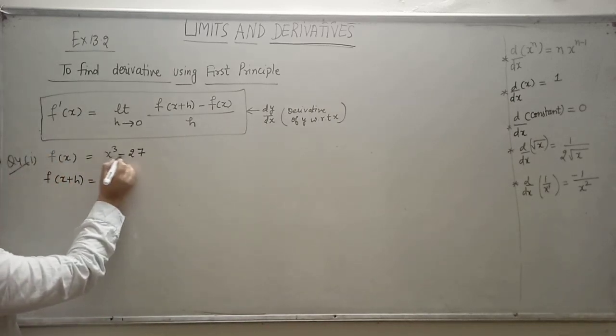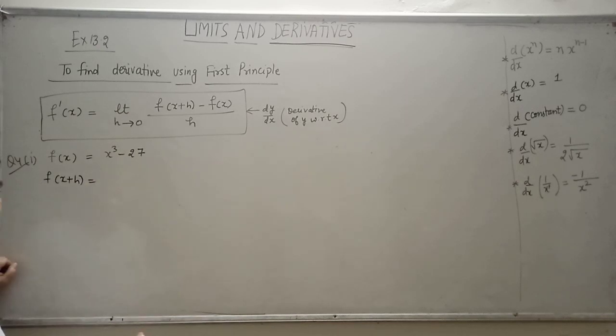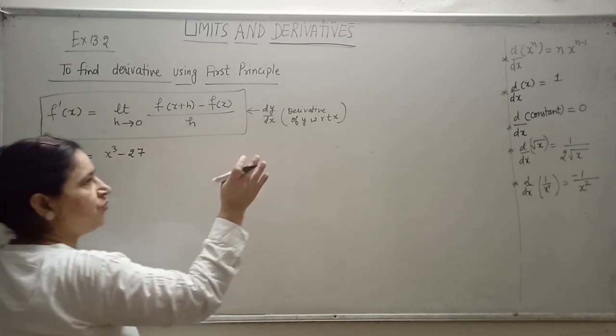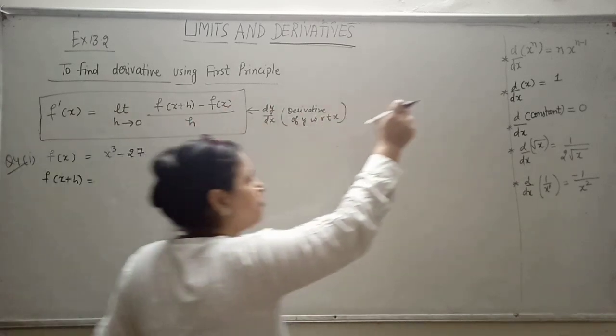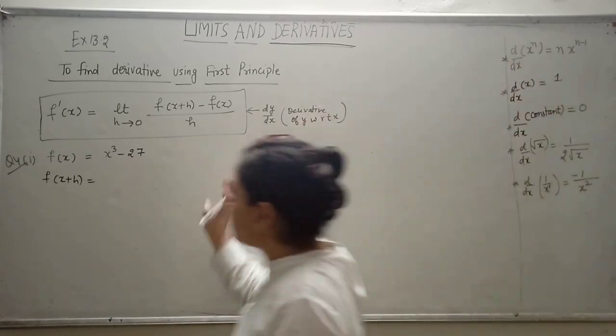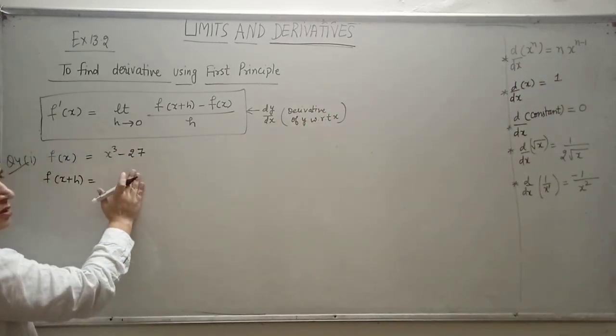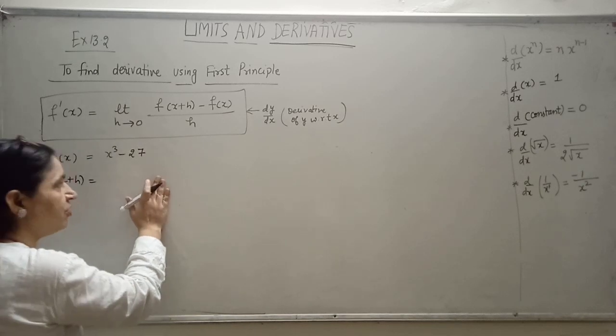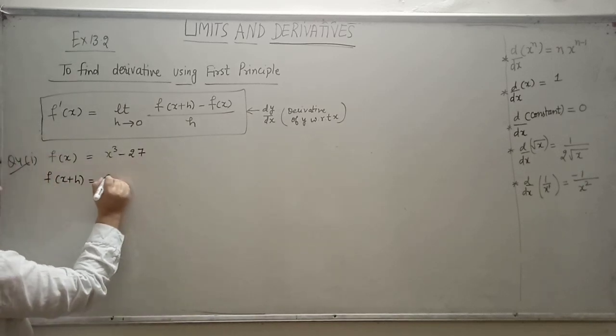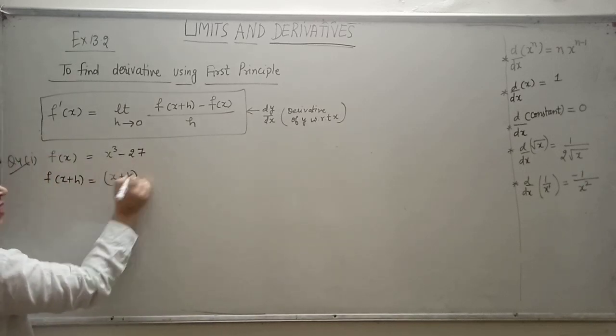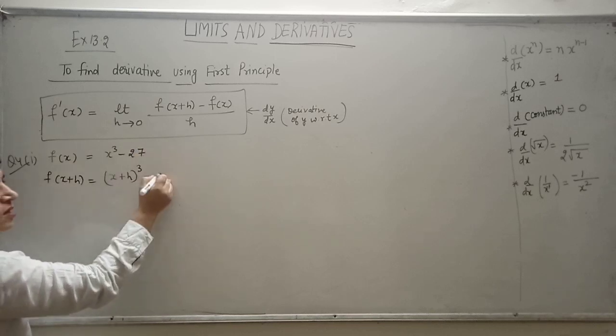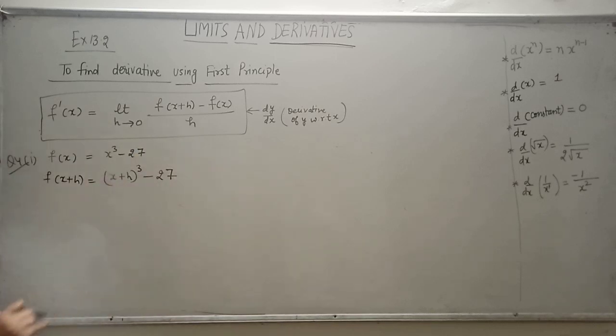So this is x cube minus 27. You have to find the derivative of this. Otherwise, to verify, we can verify it by using this formula. But here we have to find the derivative by using the first principle. So (x plus h) raised to power 3 minus 27, here there is no x, so write it as it is.